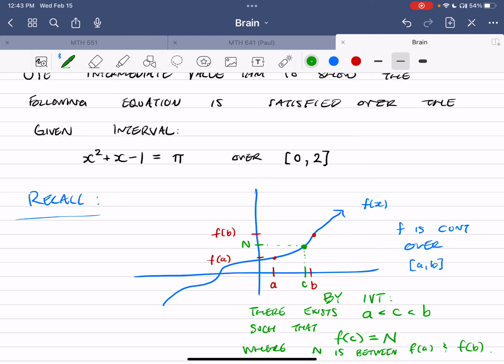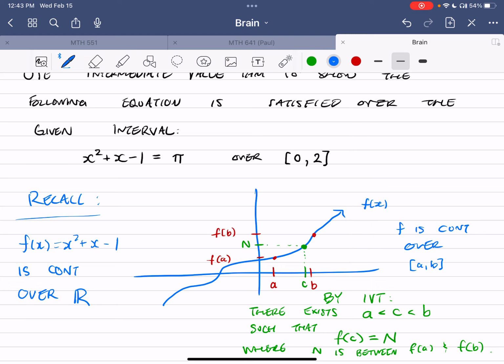Okay, so with this in mind, we have a function, f of x is equal to x squared plus x minus 1, which we know is continuous over the entire real line because it's a polynomial.